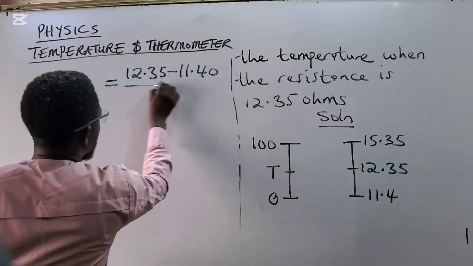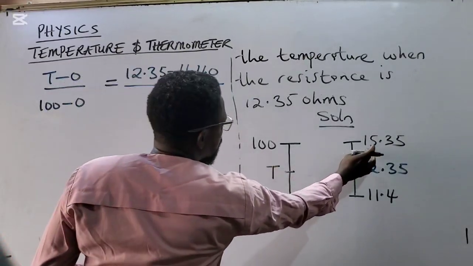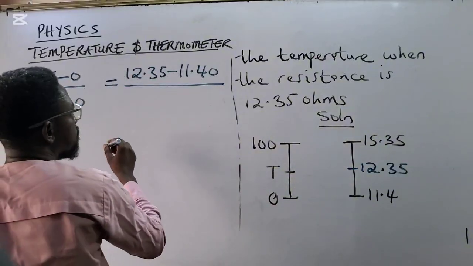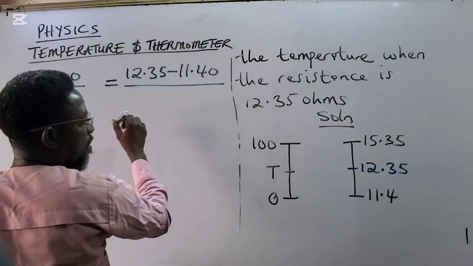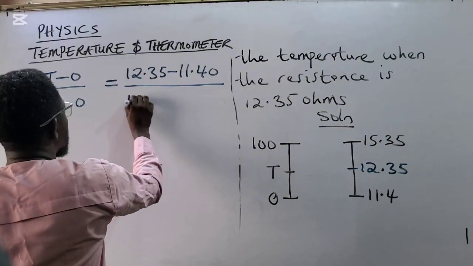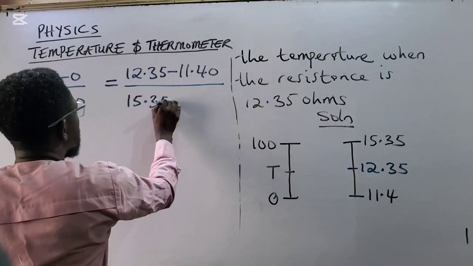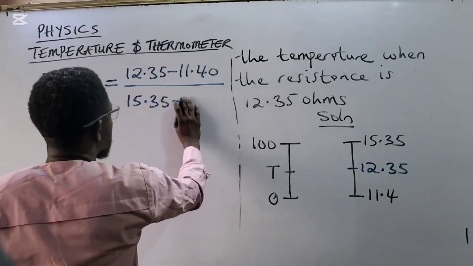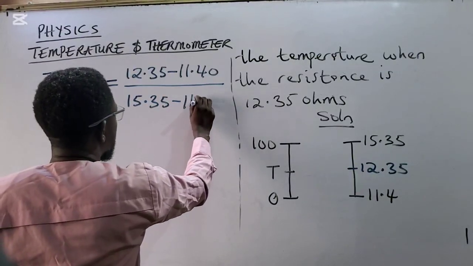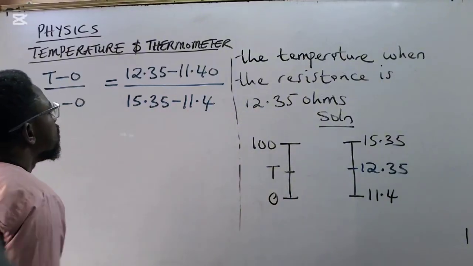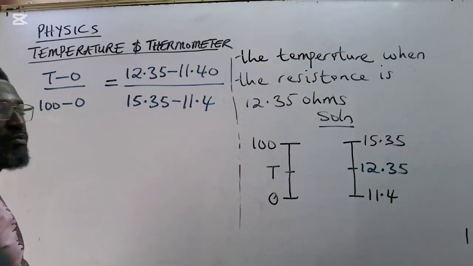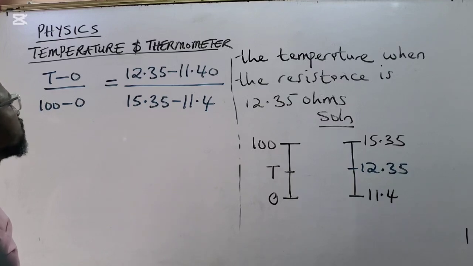That would be equal to 12.35 minus 11.4, all over 15.35 minus the lower part, 11.4. You see, it's not something very difficult. Now that you've done this, you will be able to calculate the actual temperature.